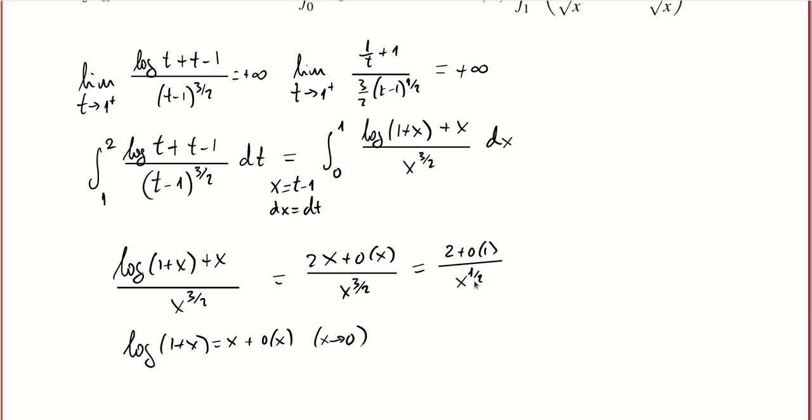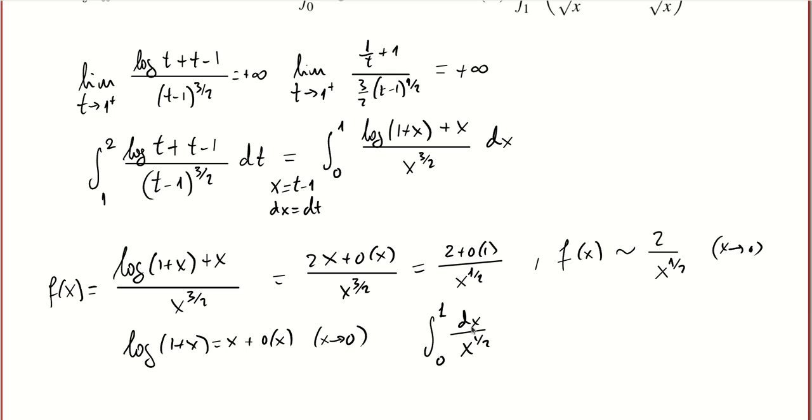So this function, let's call it f of x, behaves as 2 over x to 1/2 when x goes to 0. So the only integral we need to deal with is the integral from 0 to 1 of dx over x to 1/2.